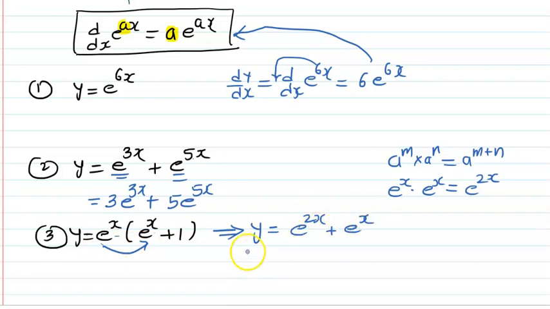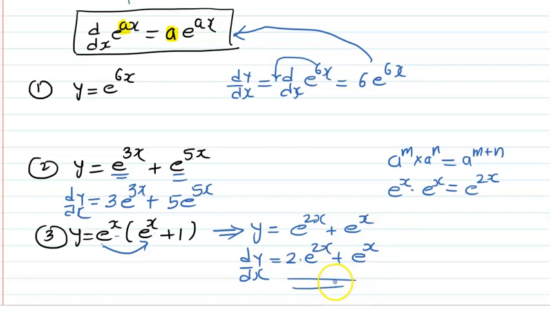Once we differentiate it, you write dy over dx: 2 is coming forward, so 2 e to the power 2x, plus e to the power x. Check your working with my working, and if you have any question, Govind, do you have a question? So this should be your answer.